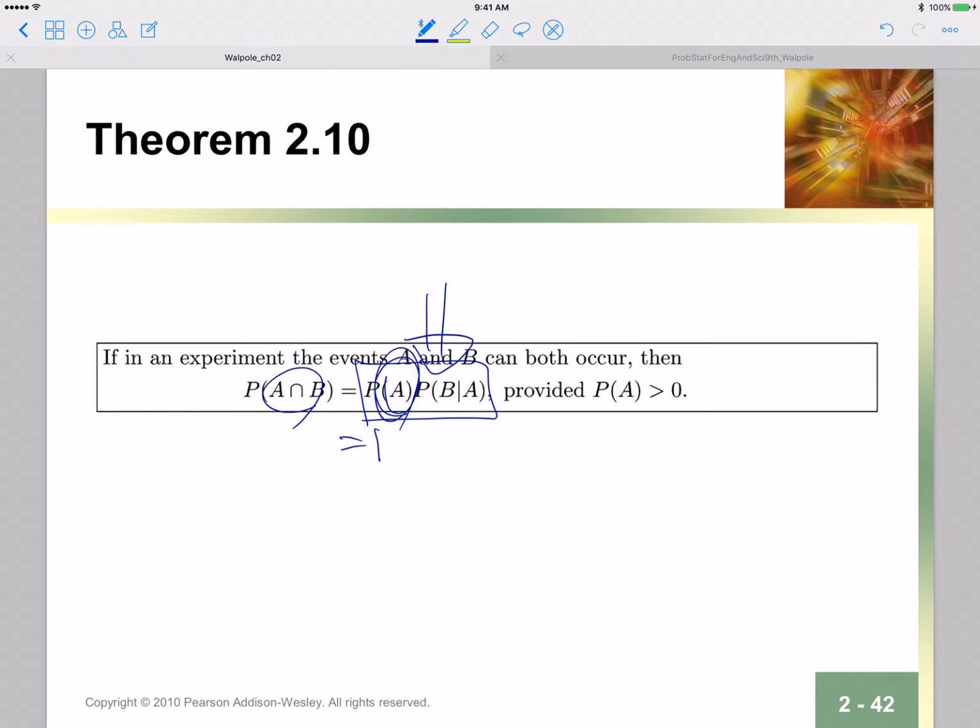So first A happened, and then given that situation, where we know that event A happened, we consider the conditional probability of B happening. That corresponds to P of B given A. So if we multiply these two terms together, we obtain the probability of A and B simultaneously happening.